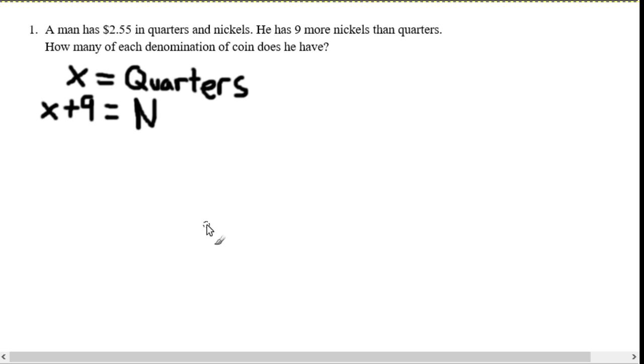Now, in total, a man has $2.55 in quarters and nickels. This is where we need to know the value of quarters and nickels.